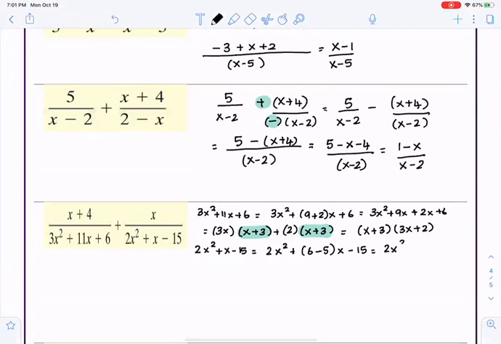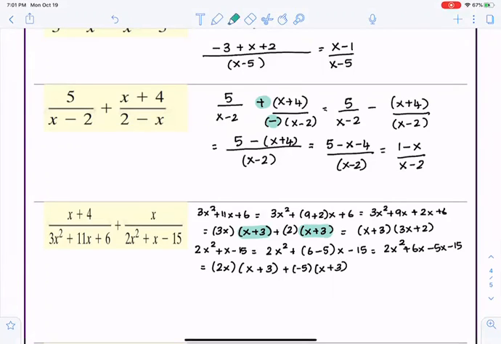So we would have 2x squared plus 6x minus 5x minus 15. Pull the common term out of the first two terms. If I pull 2x out, I'll have x plus 3. Last two terms, if I pull a negative 5 out, I would have x plus 3.